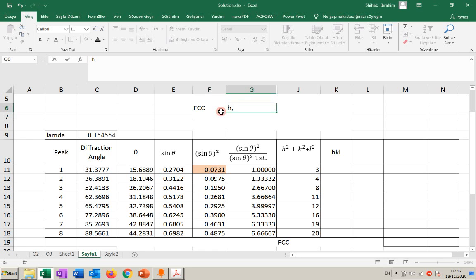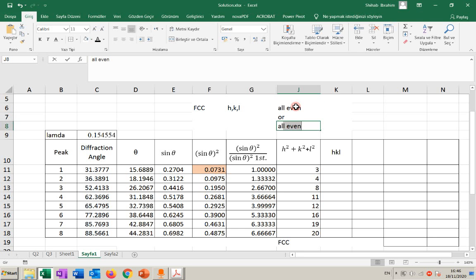For the FCC crystal structure, diffraction will occur when HKL are either all even or all odd. This is the case that will happen in FCC crystal structure. So all even or all odd for the plane Miller indices.